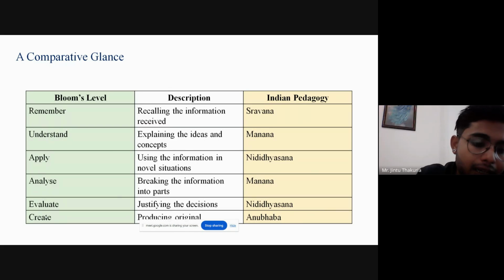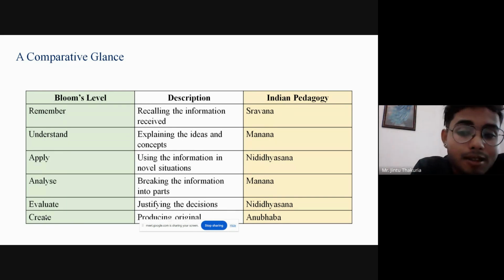And this is not something we are taking from Western culture or some foreign scholar, though we are now terming it Bloom's taxonomy. If you carefully look, the root is in our teaching method only. From remembering, we have to make them able to explain ideas and concepts.